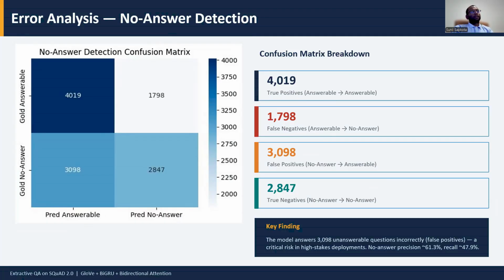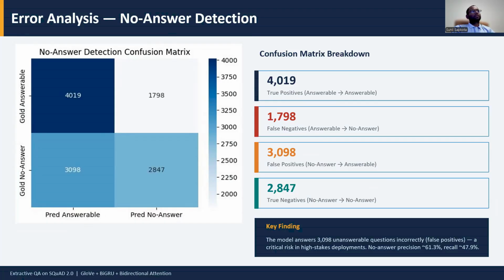The wrong ones are where the model says it can predict, but actually there was no answer, which is 1,098, and where the model says no answer, but there was an answerable context, which is 1,798.